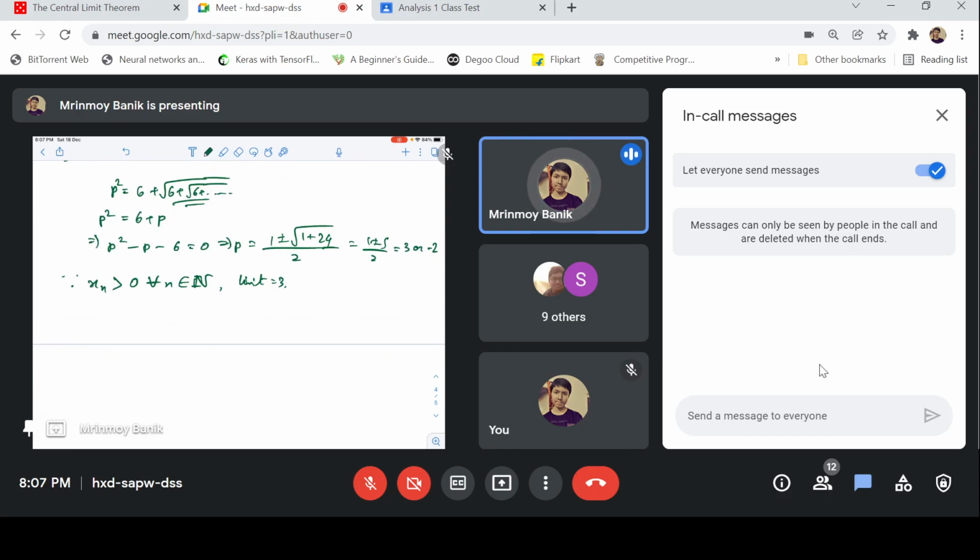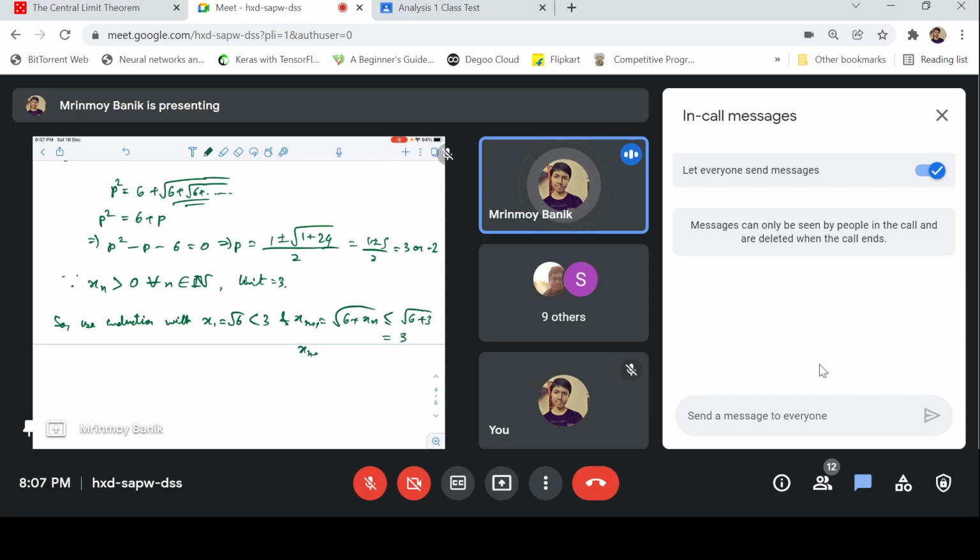So we can use induction. x_1 equals square root of 6, which is less than 3, and x_{n+1} equals square root of 6 plus x_n, which is less than or equal to square root of 6 plus 3, which equals 3.